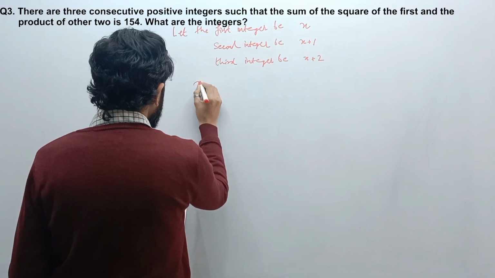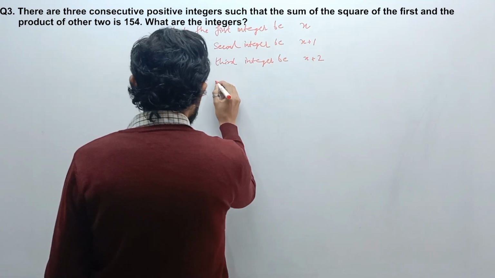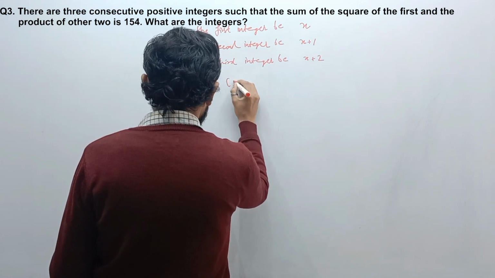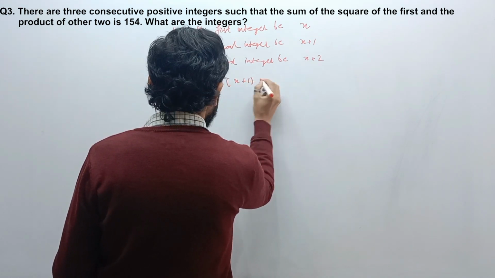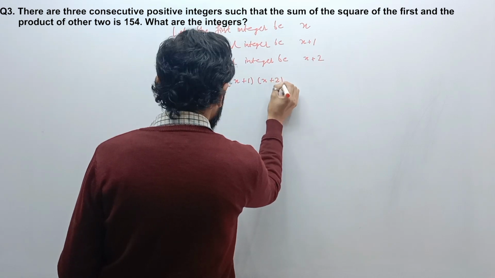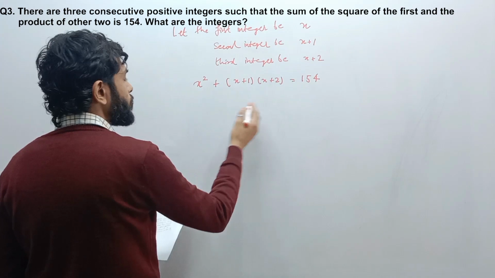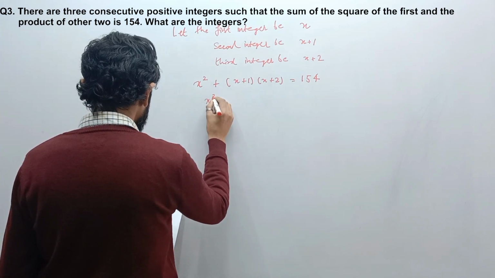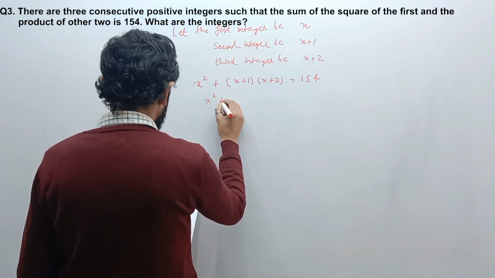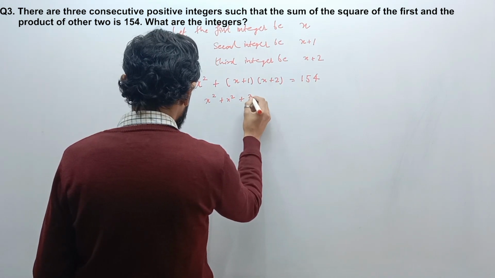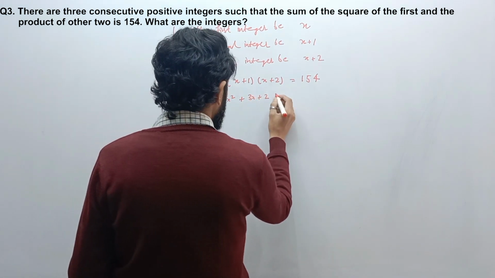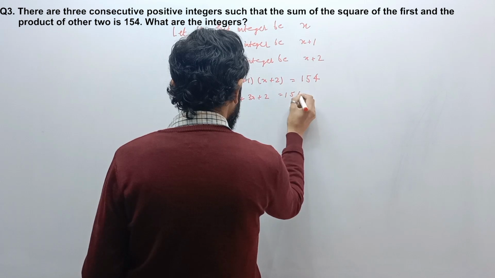So it would be square of the first plus product of the other two is equal to 154. Now on further solving this equation we get x square plus 3x plus 2 is equal to 154.